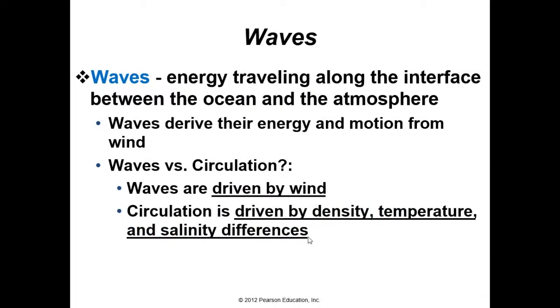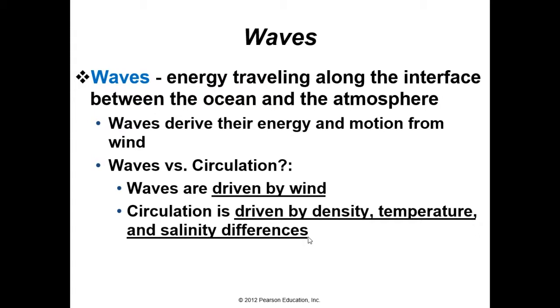Okay. Now, going back to waves again, I said earlier that waves are essentially caused by friction from wind that's blowing along the interface between the atmosphere and the ocean. Right at the top of the ocean, where the water meets the air, you have that friction between the wind and the water.